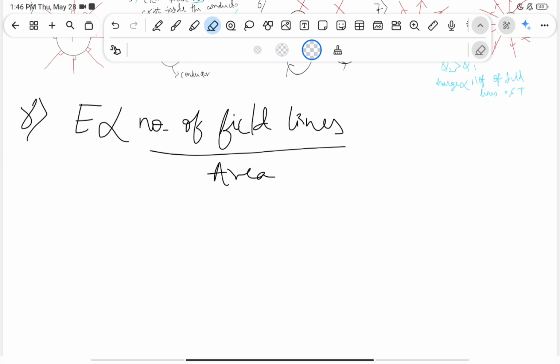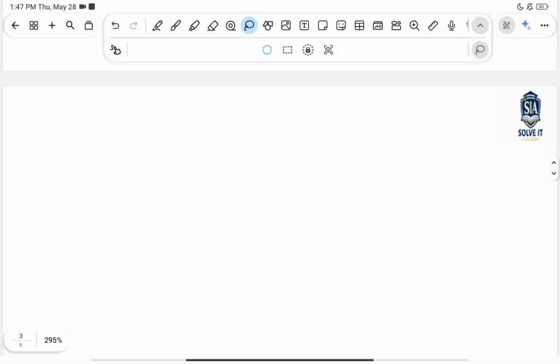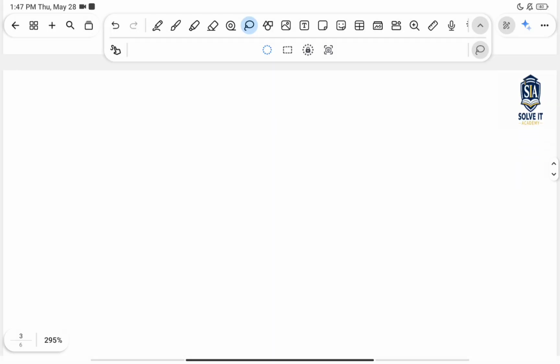Now we have types of fields also, which are not in the JEE portion or other competitive portions. We will just see some more important points on electric field lines.